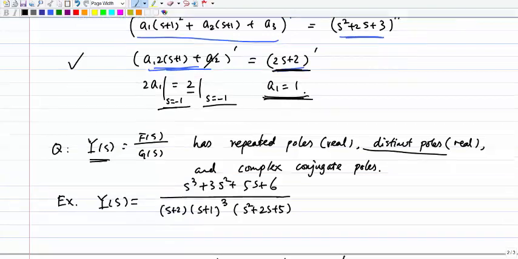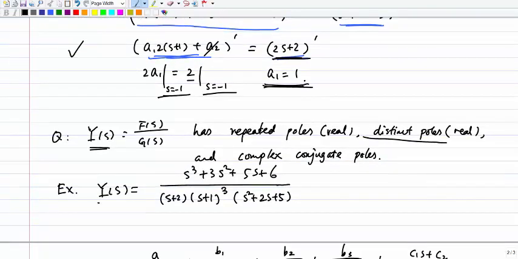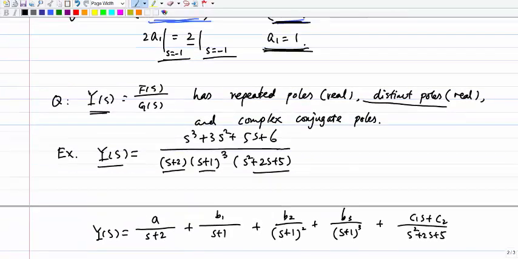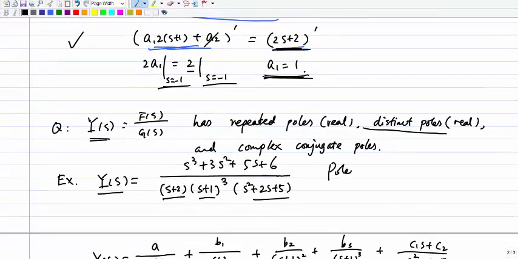Suppose I give a Y(s) which is s cubed plus 3s squared plus 5s plus 6 divided by this whole bunch of stuff. If I set the denominator to be 0, you can find the poles: s is negative 2, s is negative 1 (repeated three times), and s is, I believe, negative 1 plus or minus 2i.